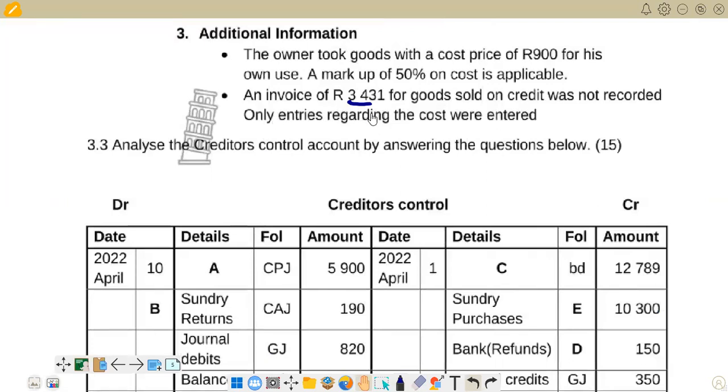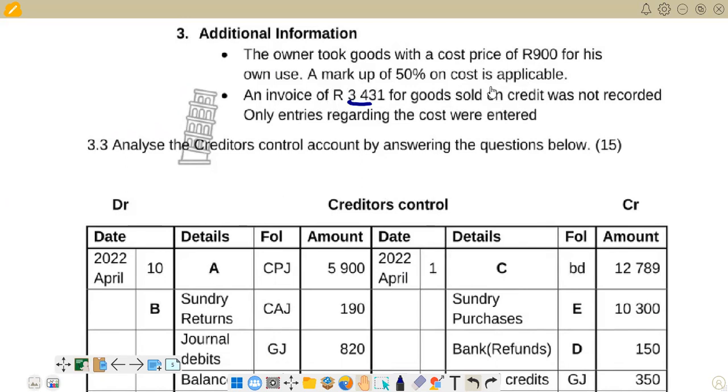We've already adjusted it, but we've got this first point, which is saying the owner took goods with a cost price of 900 rands for his own use. A markup of 50% on cost is applicable. What we are concerned with is the goods that have been taken at cost price 900, it means they are being taken away from the trading inventory or trading stock. So the trading stock is going to be reduced, and when they are reducing, we go to the credit side and enter it.